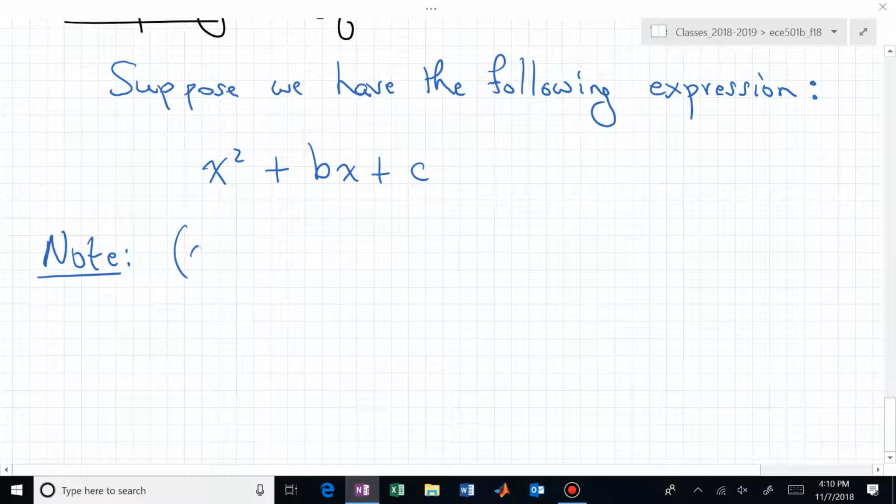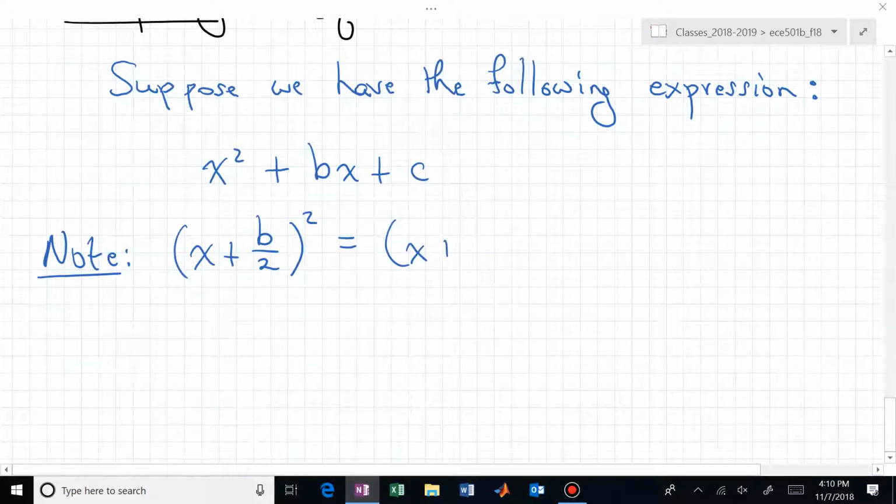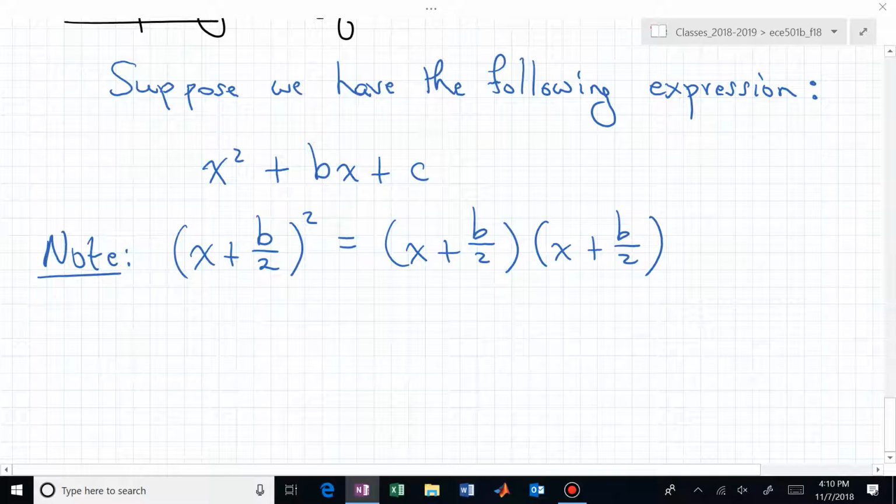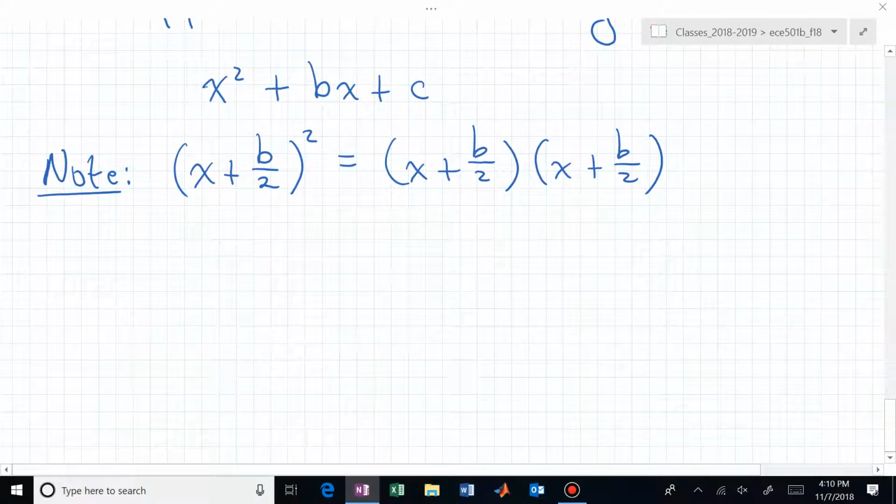If I now look at x plus b over 2 and square that, I apologize, maybe I'm insulting your intelligence, but I want us to keep track of what's going on.